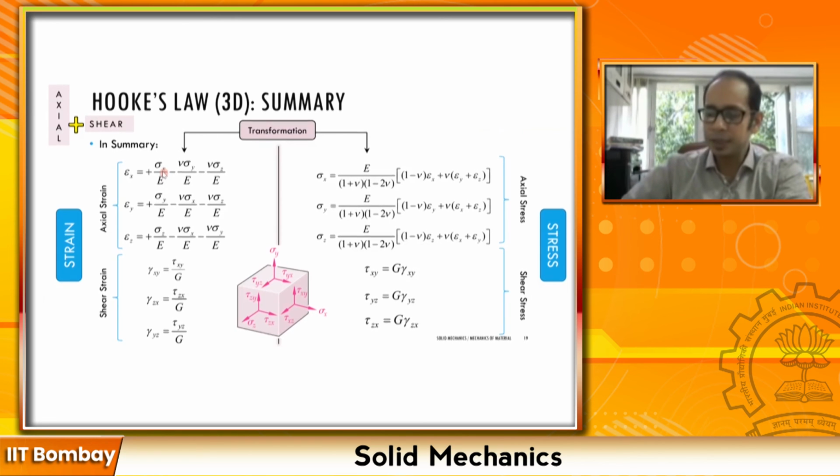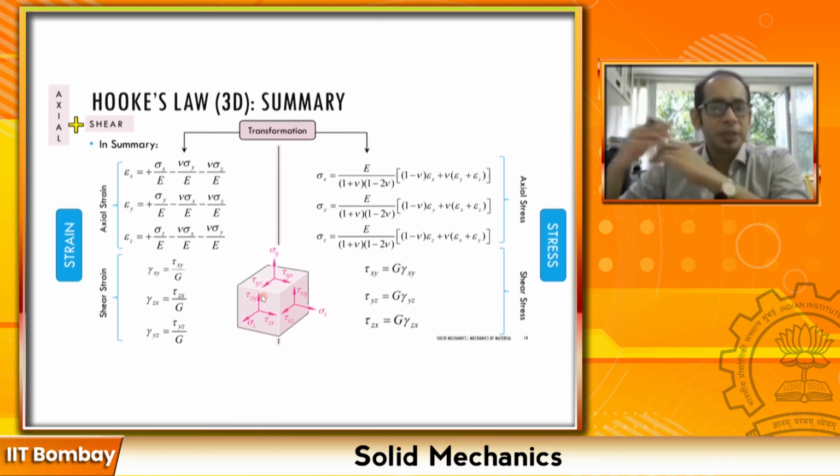Now remember that these three different strains and these three different stresses are for the most generalized case, where a particular body or a small element within the body has these strains and stresses, both axial as well as shear, acting along the different directions, right?